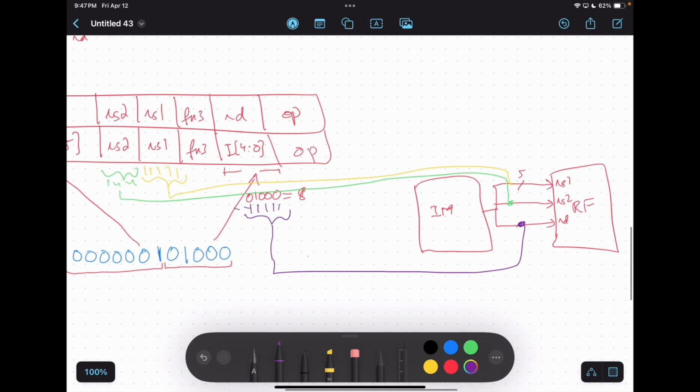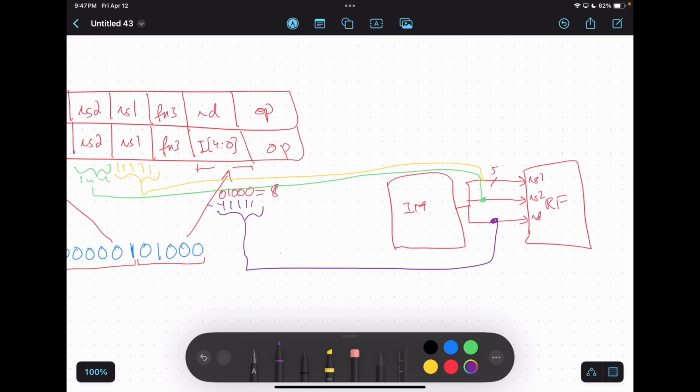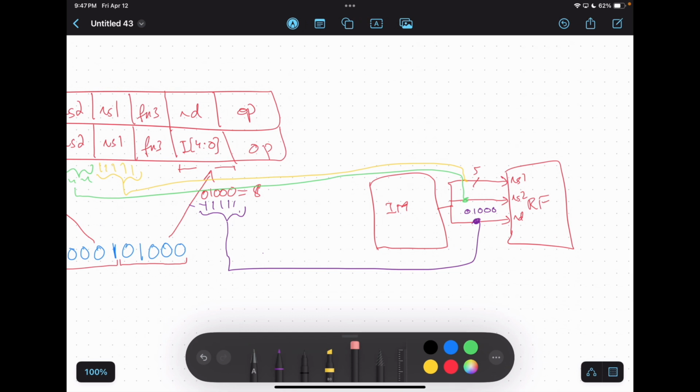So even if the instruction does not have rd, these 5 lines will be tied here. And currently in this SW instruction we have the value 0, 1, 0, 0, 0, which is 8. So it will consider the value of rd to be 8.